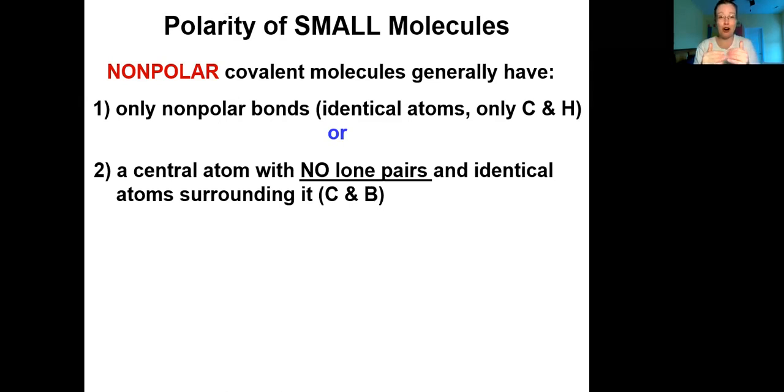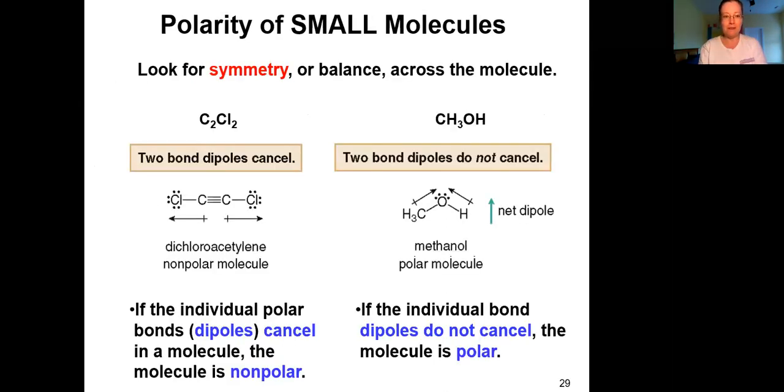And it could be two carbon atoms in the center, like we saw just a minute ago with the two carbons that were triple bonded together. Here, I'll show you again. This guy here, I'm pointing to my screen. I think of those two carbon atoms as being a central atom. So they're at the center of the molecule.